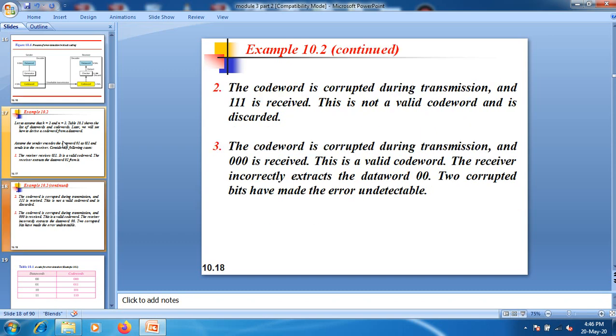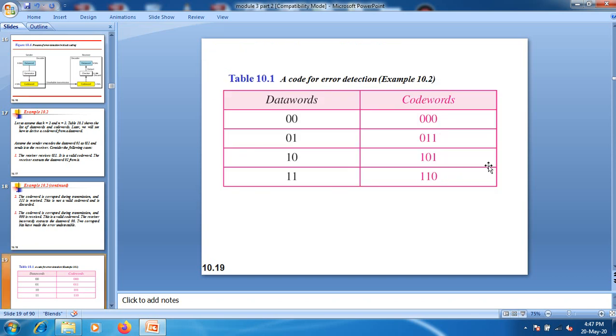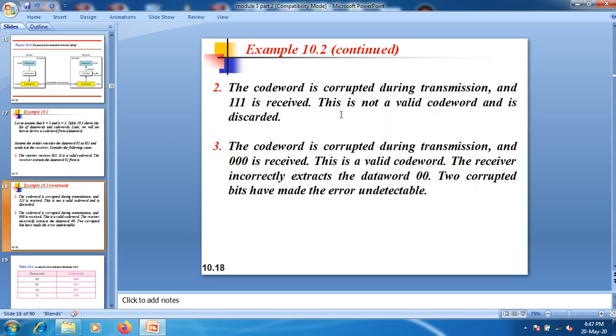The next one, the code word is corrupted during the transmission, and the destination receives 111 here. Okay, the destination matches it with the list of valid code words. We don't have that code word, 111, here. For that purpose, it simply discards that information.